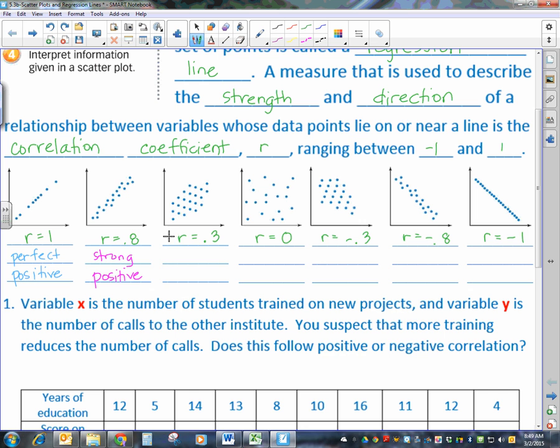If I say that R is 0.3, then basically that's what they refer to as a moderate to weak, but it's still positive correlation. If R is 0, then there is no correlation.